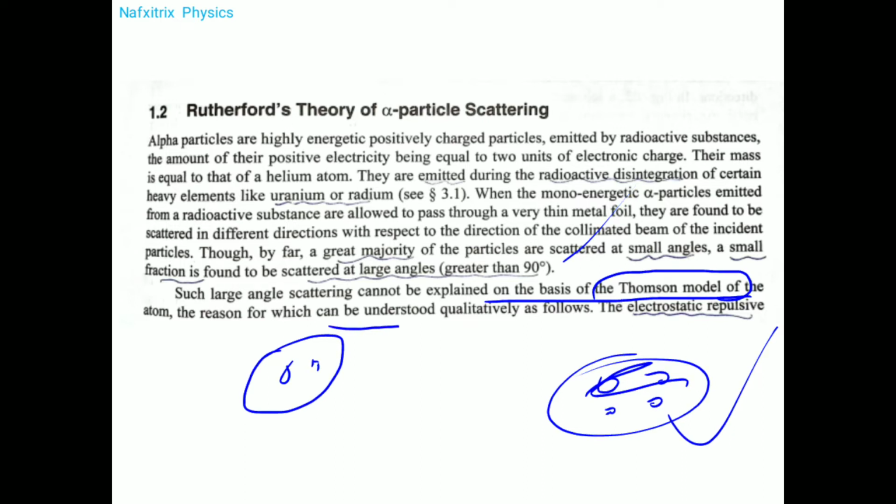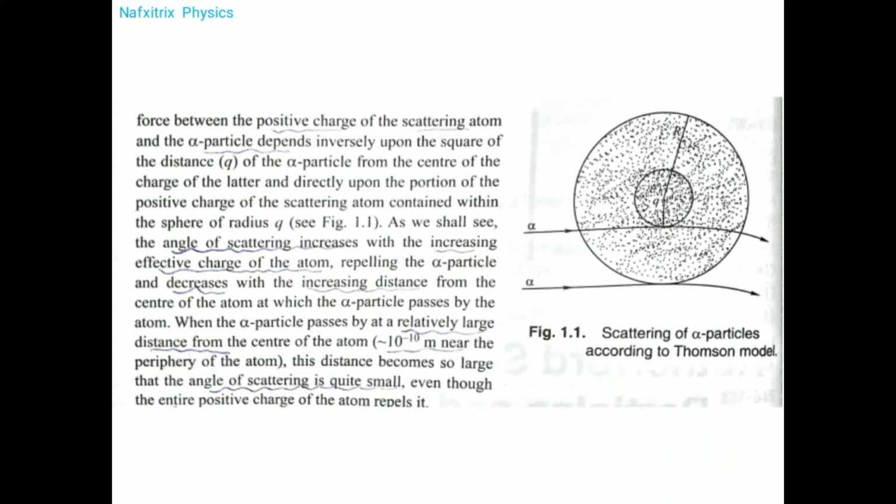The reason is understood qualitatively as follows: the electrostatic repulsive force between the positive charge of the scattering atom and the alpha particle. This is the alpha particle and this is the scattering atom, that is, the scattering nucleus. As we know, an atom has positive charge as well as negative charge.